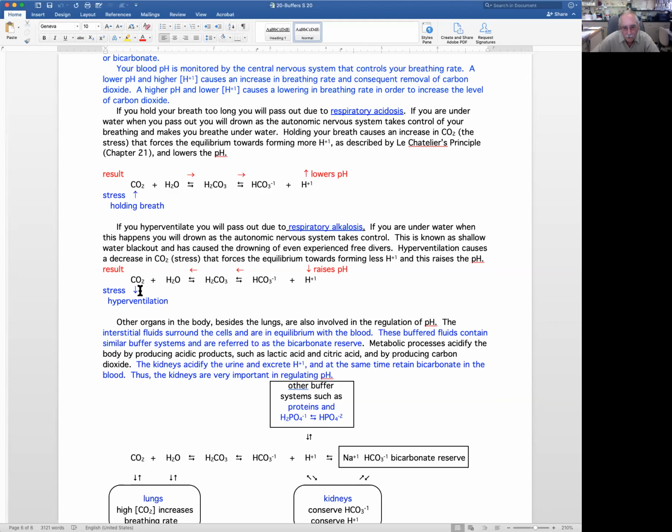If you're removing one of the reactants, the reaction shifts this way in an effort to try to replace it. So that means with hyperventilation, you're going to reduce the concentration of hydrogen carbonate. To counteract that, the reaction goes that way to try to replace it. So bicarbonate goes down, hydrogen ion goes down, and the pH goes up.